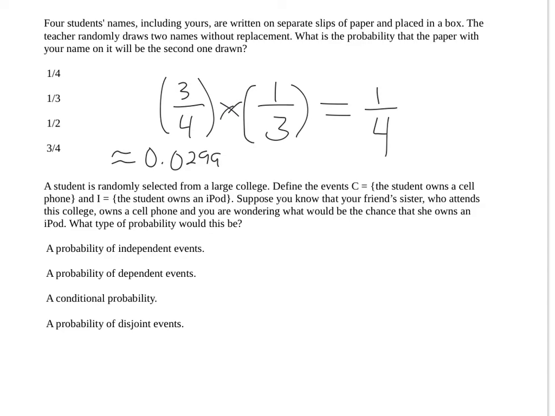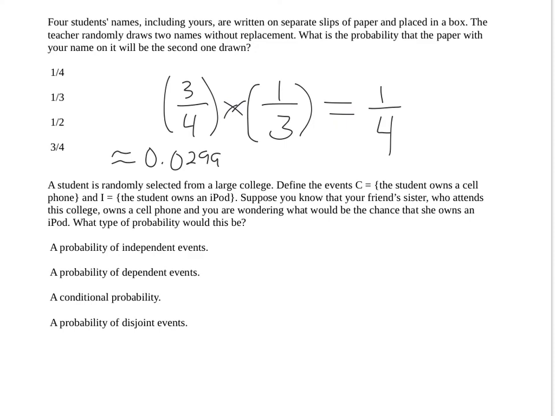Well, is the probability that somebody owns a phone and an iPod independent? Probably not, right? I wouldn't expect that it would be independent.